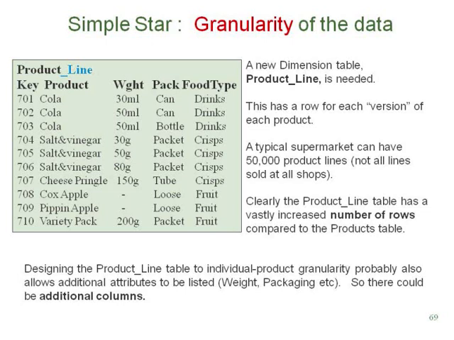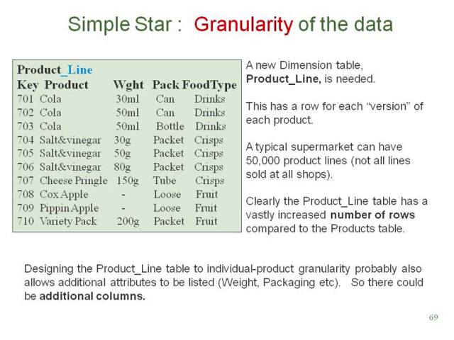And this dimension table has a separate row for each version of the product. For example, line 701 shows Coca-Cola in 30 milliliter cans, whereas line 702 shows the same drink but in 50 milliliter cans. This is going to allow the analyst to see which size of can sells best.